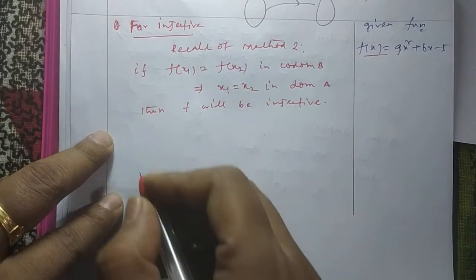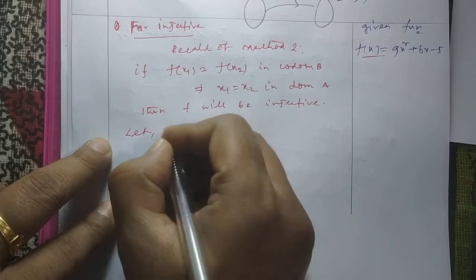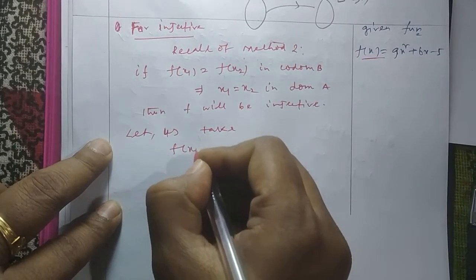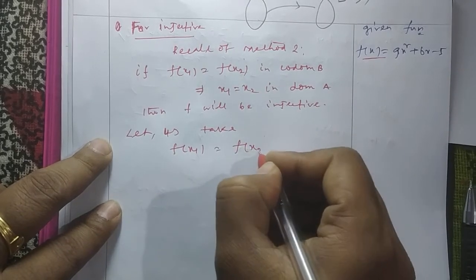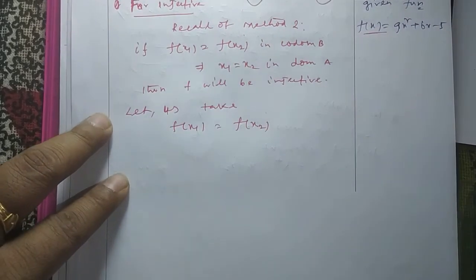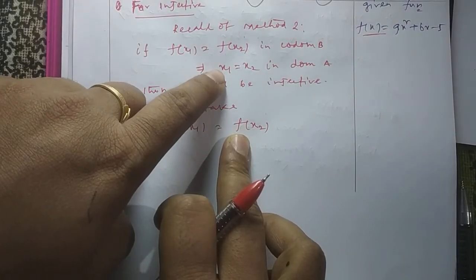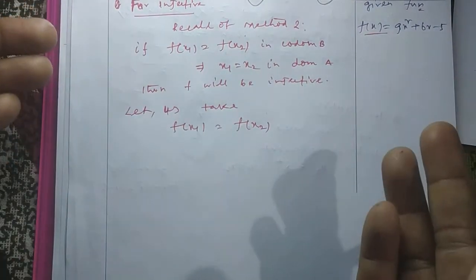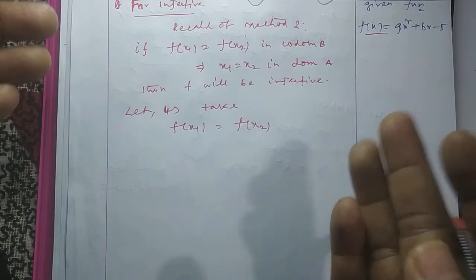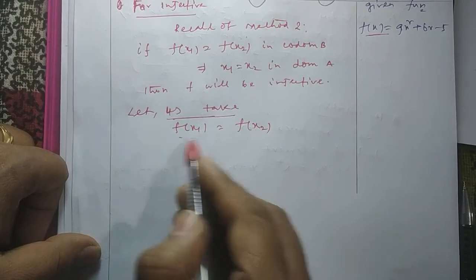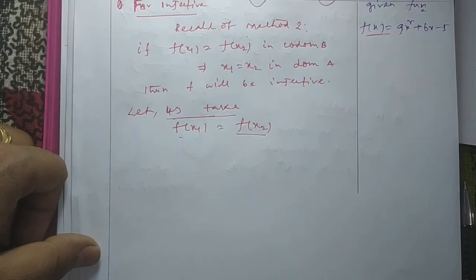So for this purpose, let us take f(x1) equal to f(x2) forcibly. Correct? From here, by any means, if you can bring x1 equal to x2, then it will be injective. Otherwise not. Now let us check it. So first let us take f(x1) equal to f(x2) forcibly.